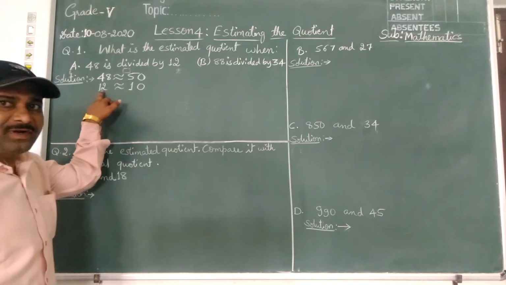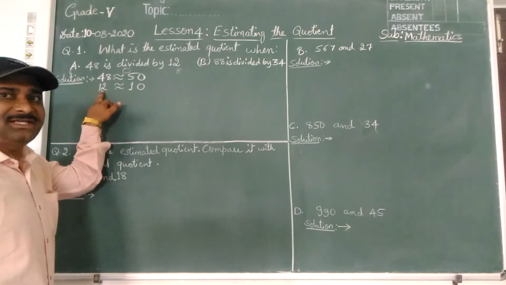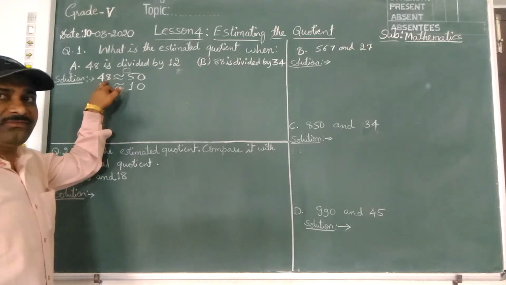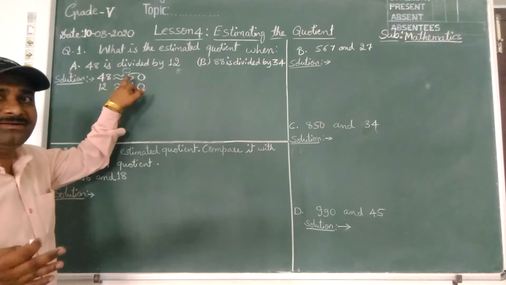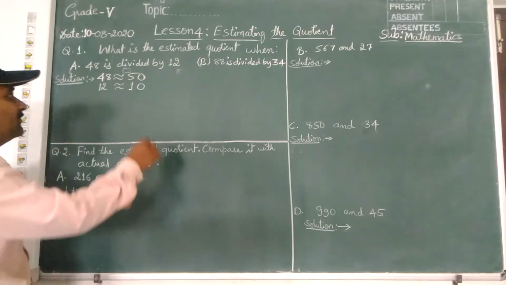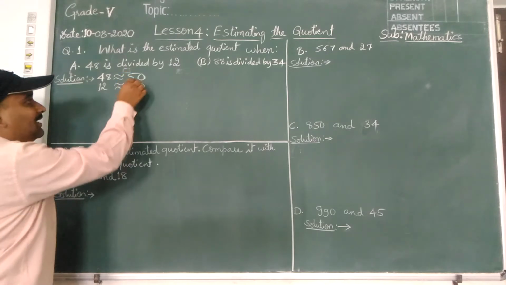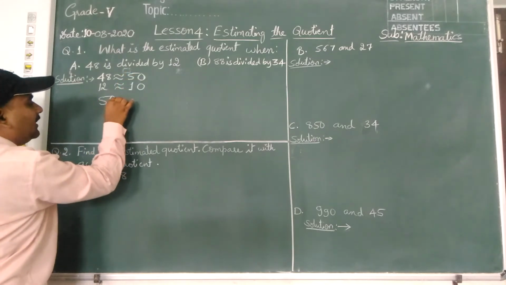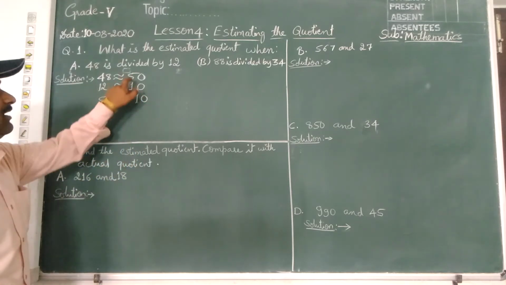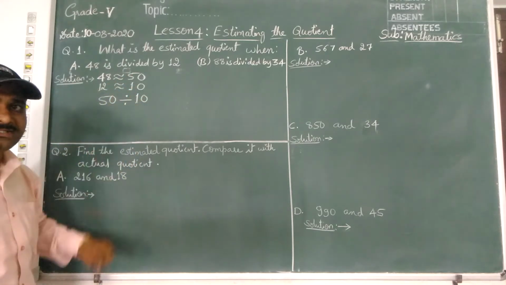It will not go to 20 because 12 is nearby 10. 48 will not be 40 because 48 is nearby 50. Like this, first we should round off the numbers. Now, what are the estimated numbers? 50 divided by 10.